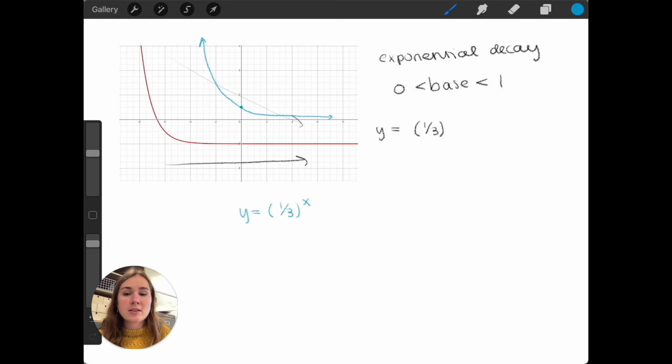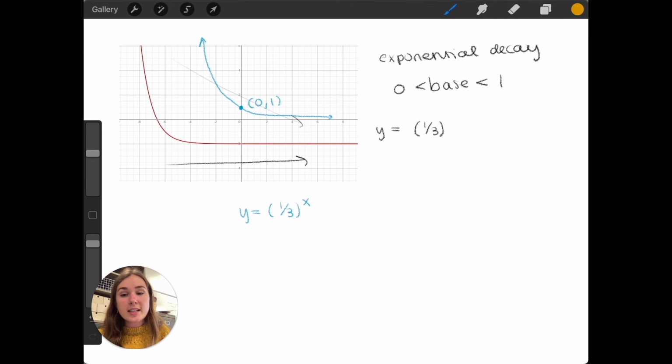So that's a general sketch of our parent function here, and we want to see how those points shifted. Since we know that this point is at (0, 1), I'm going to focus in and see what happened with that point.